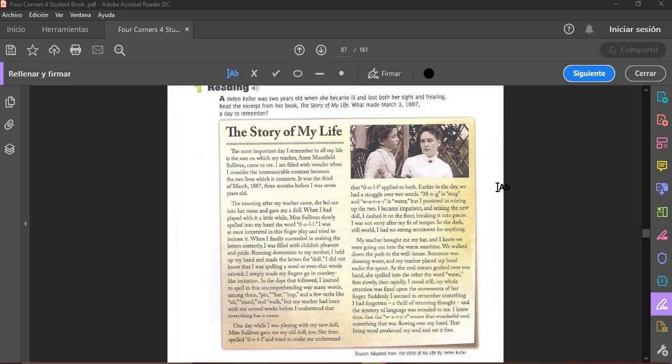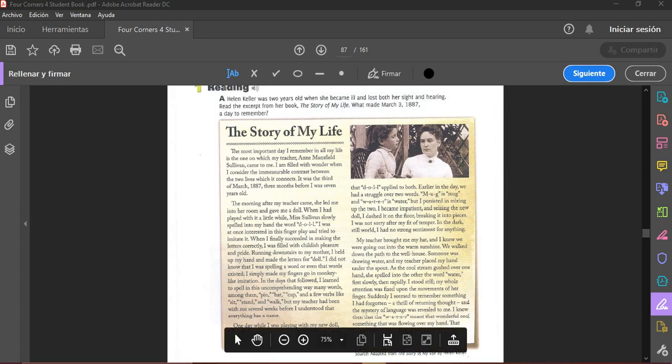Suddenly, I seemed to remember something I had forgotten. A thrill of returning thought, and the mystery of language was revealed to me. I knew then that the WATER meant that wonderful cool something that was flowing over my hand. That living word awakened my soul and set it free.